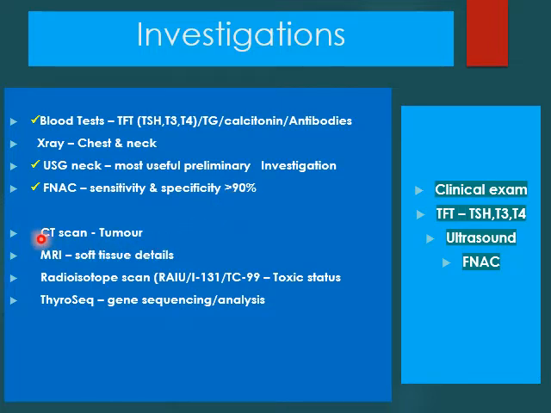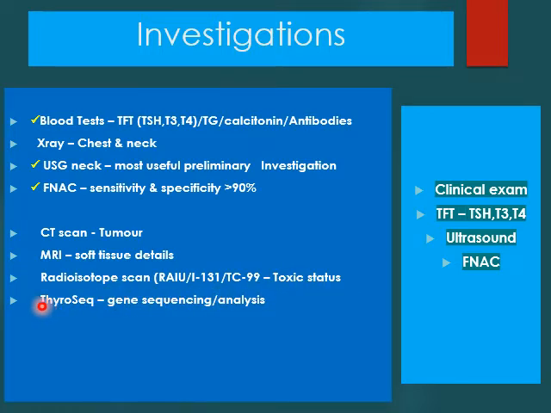Other investigations include CT scan if you suspect a tumor, MRI for soft tissue details, radioisotope scan, radioisotope uptake scan, especially the I-131 and the technetium-99, to determine the toxic status of the gland.